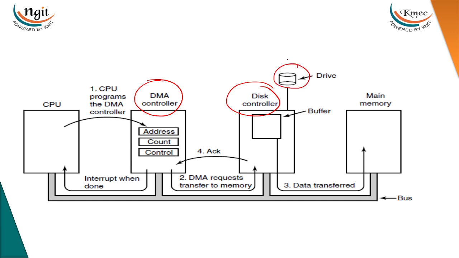Here we have taken the magnetic disk drive, consisting of its disk controller. The DMA controller is integrated into the disk controller and other controllers as well. It is part of your disk controller.